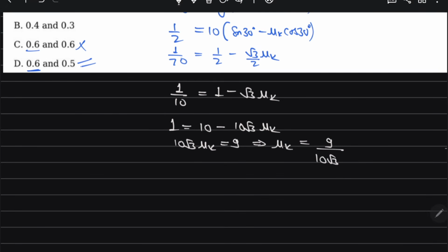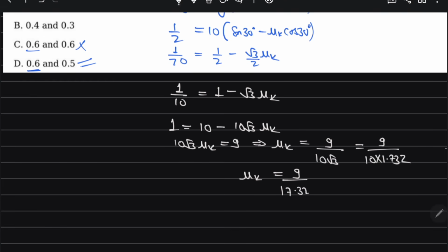So mu k comes out to be 9 divided by 10 root 3. So here you see 9 divided by 10 into 1.732, this comes out to be 17.32.